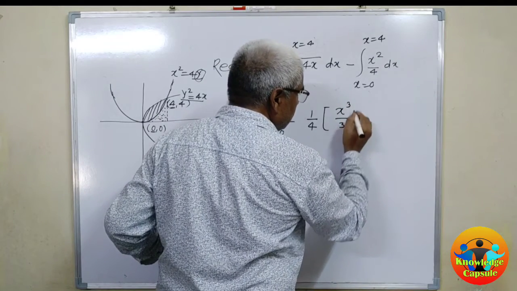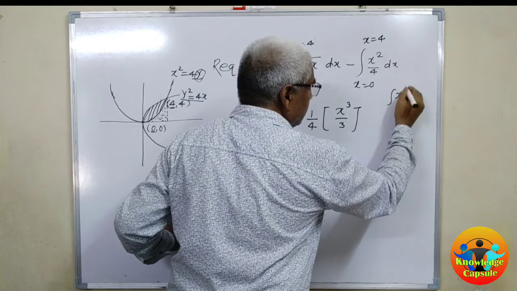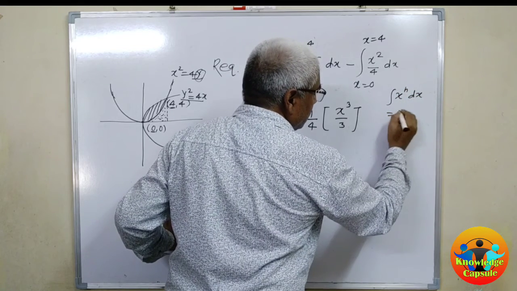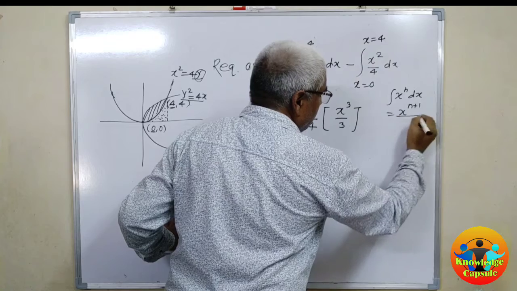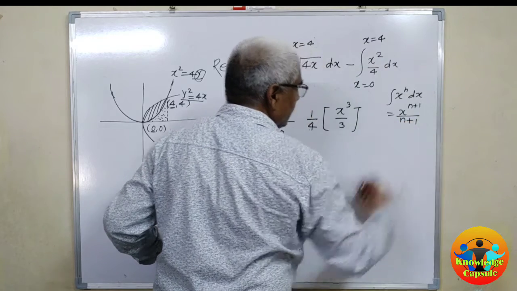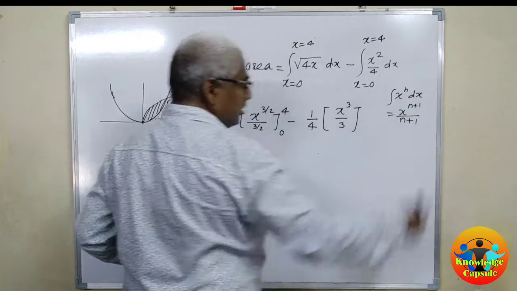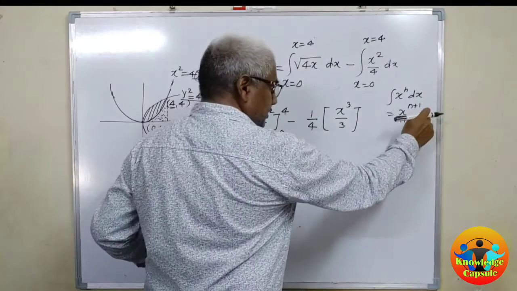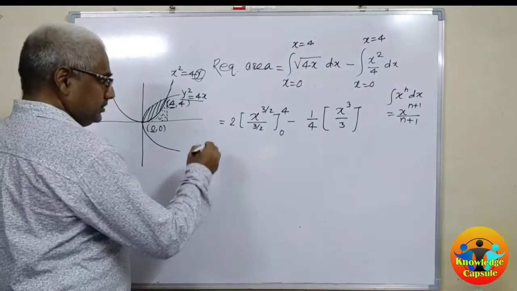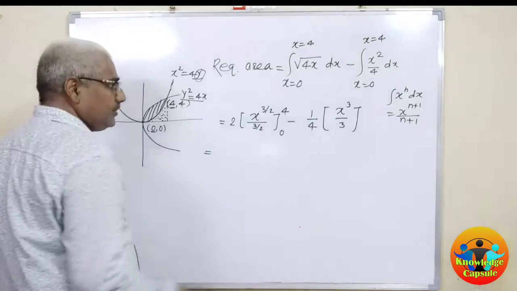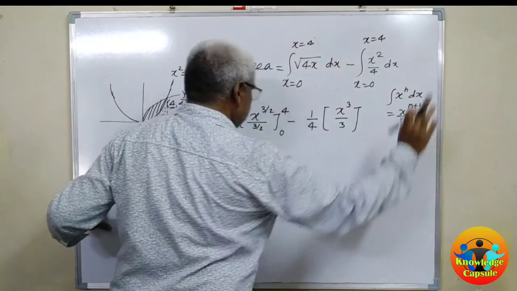Here we are applying x raised to n formula, x raised to n plus 1 upon n plus 1. As this is definite integral, we need not add any constant here.